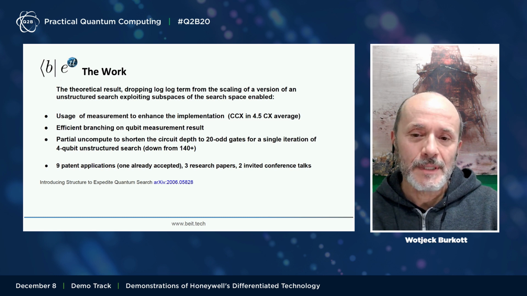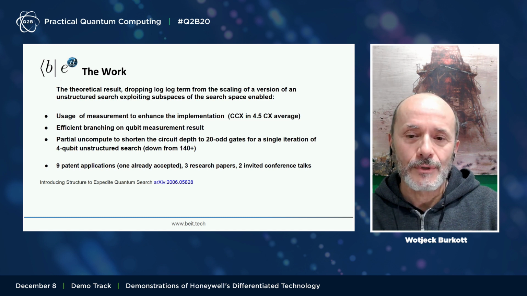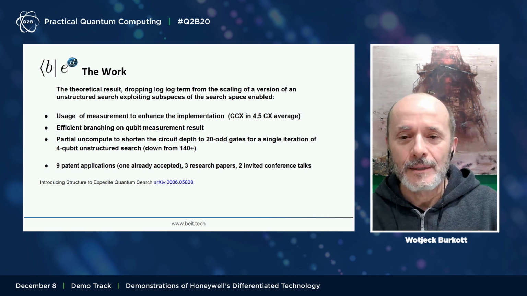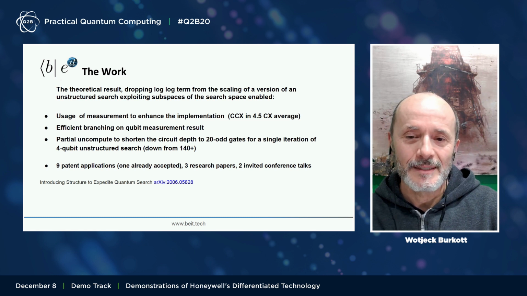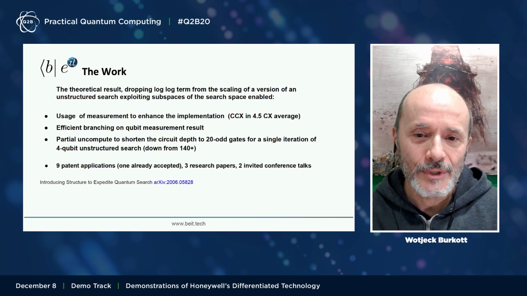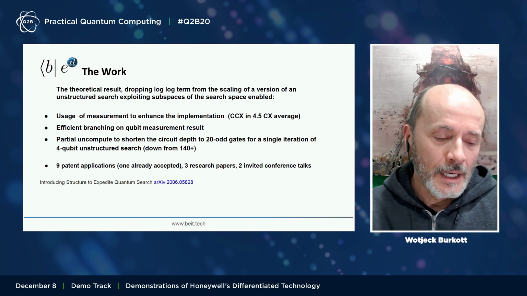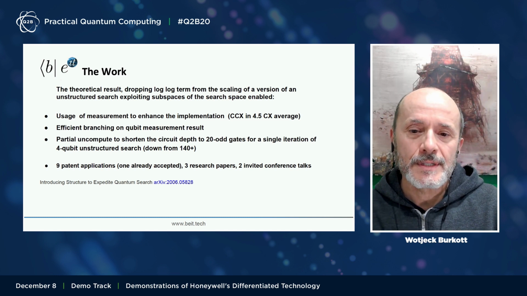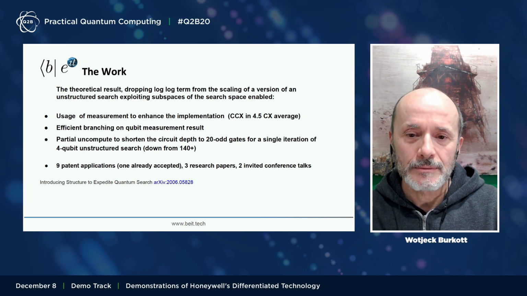on the Honeywell machine, but we started by trying to benchmark against the superconducting qubits, where our results for 4-qubit search were very close to the classical probability of success for unstructured search. The features implemented in Honeywell allowed us to make tremendous progress.